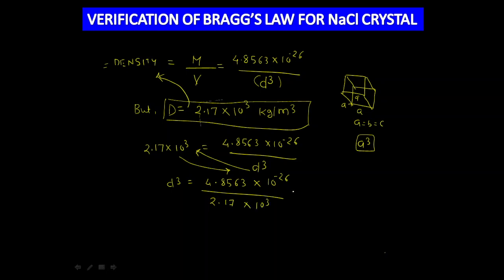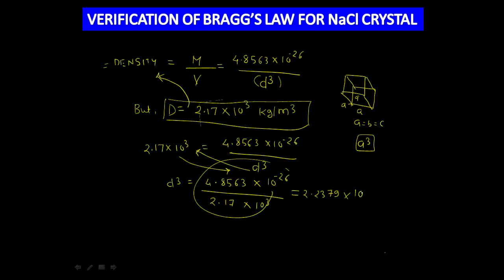After calculating this value, we get 2.2379 into 10 to the power minus 29.